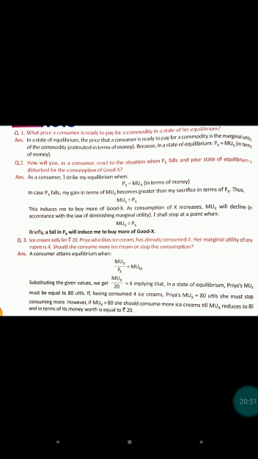She must stop consuming more because MUX satisfaction is greater than MUM. She stops consuming more ice cream till MUX reduces to 80, and in terms of money worth is equal to 20. The consumer will consume only at that point where MUX equals PX.